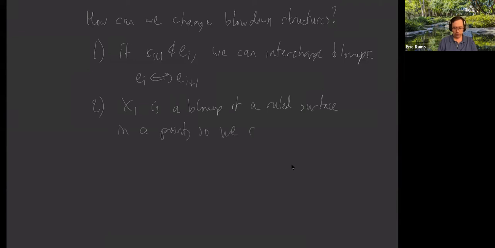So we can blow down that fiber to get a new surface x naught prime, a new ruled surface x naught prime, which inherits the actual map to P1.